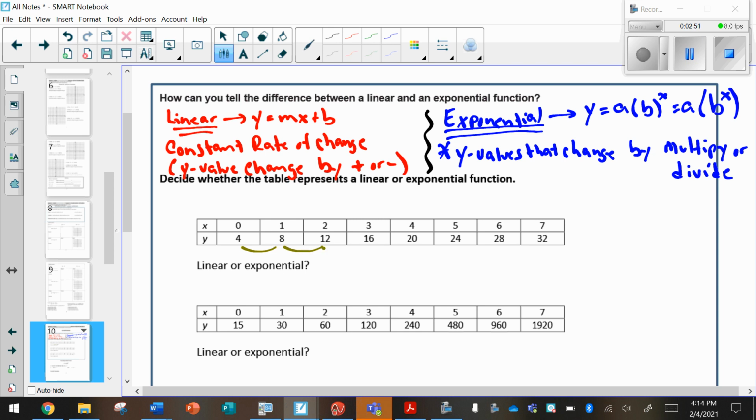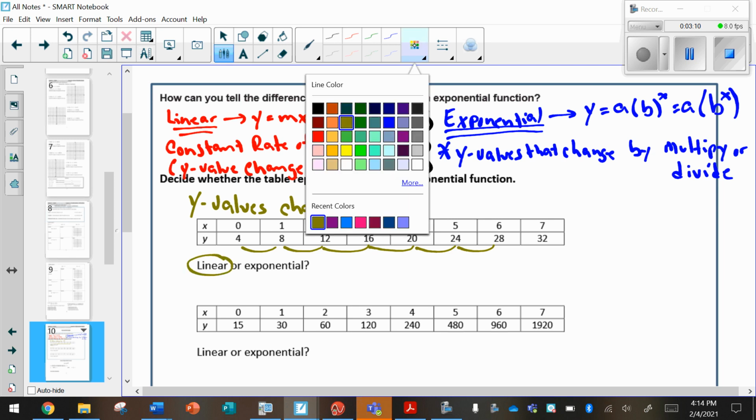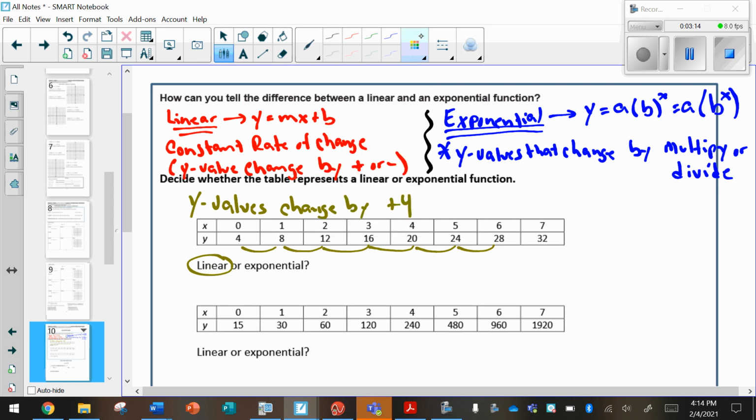From 8 to 12, 12 to 16, 16 to 20. What keeps happening over and over? The y values change by adding 4. That makes it linear.